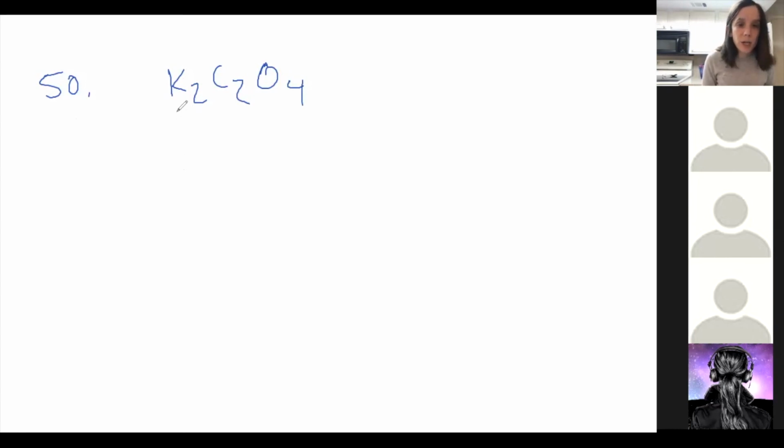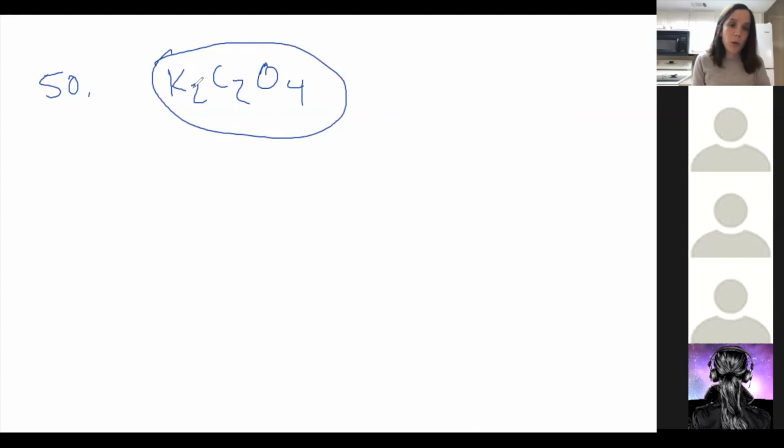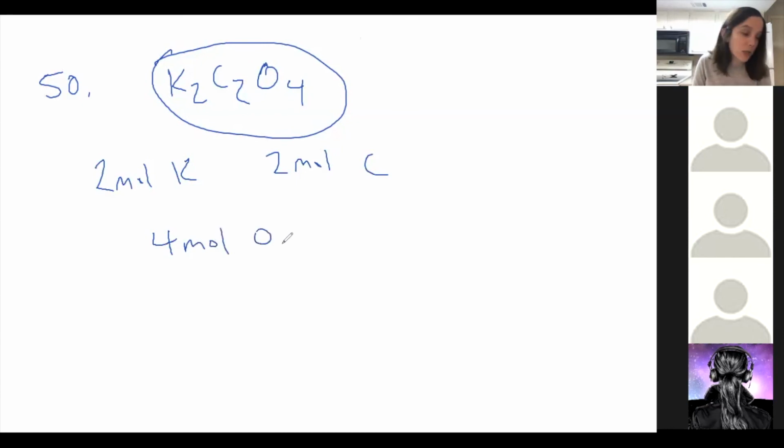What this says is that for every 1 mole of this compound, you have 2 moles of K, 2 moles of C, and 4 moles of O. That's what your answer would be: 2 moles of K, 2 moles of C, and then 4 moles of O. That's all there is to that one.